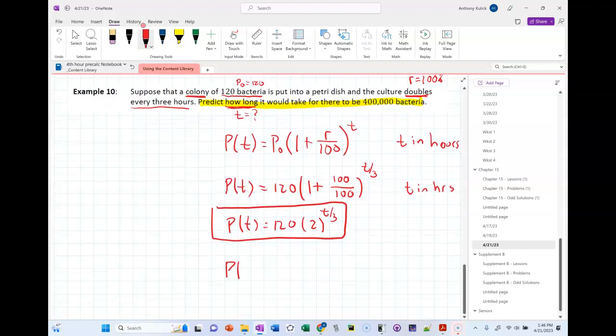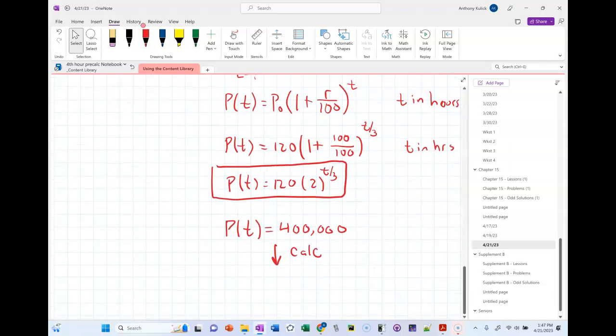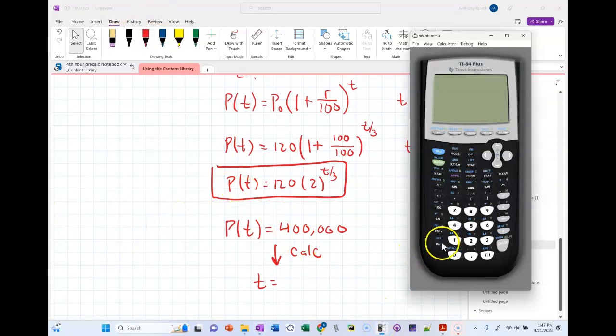So what I'm going to do is solve my model P of t equal to 400,000. How am I going to do that? I'm going to use the calculator. Again, we don't know how to algebraically solve these things yet. So for the time being, we are stuck just kind of typing this into our calculator.